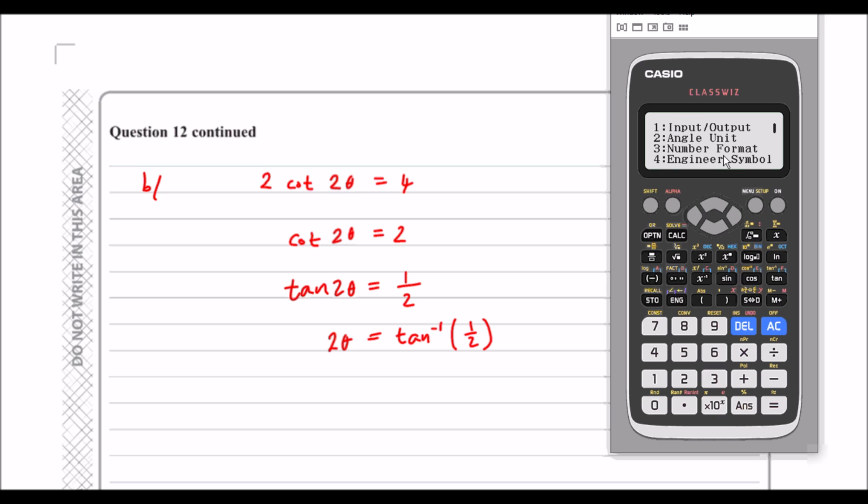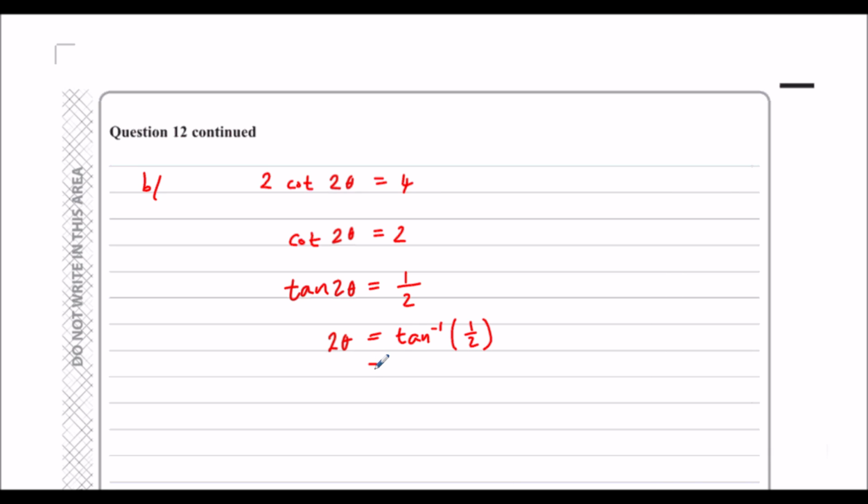So shift setup, angle unit, degrees. So it's shift tan of a half. So we've got 26.57.